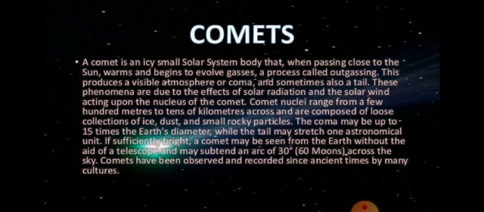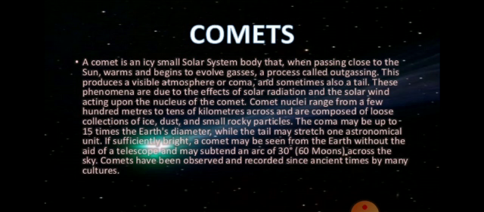The head of a comet is small and appears as a bright ball of light, but its tail is very long. A comet is a collection of gas and dust, which appears as a bright ball, and its tail points away from the sun. The tail of the comet grows longer as it comes nearer to the sun, but it disappears when the comet moves far away from the sun. Comets are smaller than asteroids.